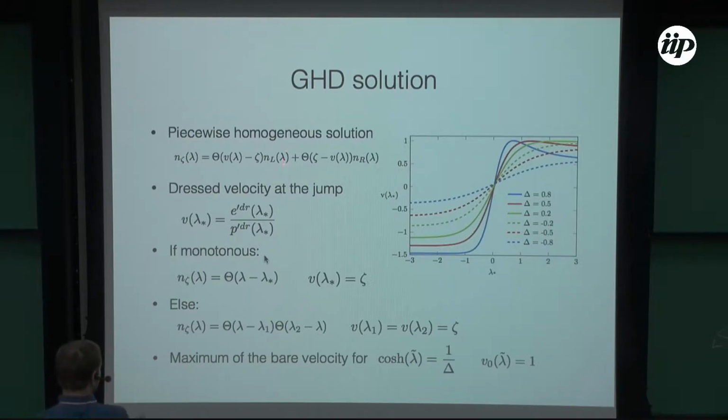So this is this piecewise homogeneous solution, which gives you essentially, the answer is that you have particles which can, so for a given ray parameter, in my case, as I showed on the previous slide, the left filling is just 1, the right filling is just 0, so you will have only this term here, and this will tell you that the filling is determined by the particles with effective velocities larger than the given ray parameter.